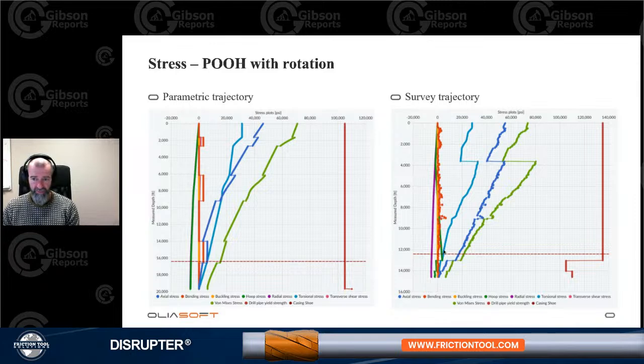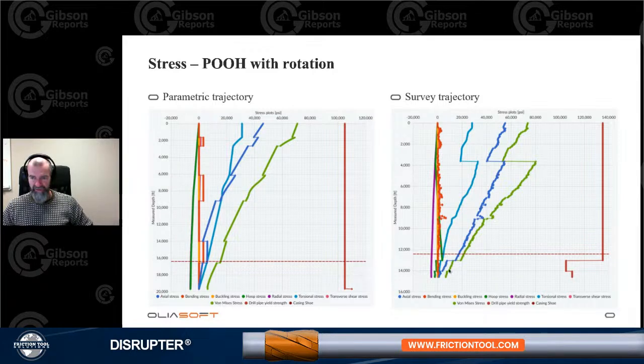But even with this surveyed well, where we had doglegs up to 8 degrees, which I think, if I remember correctly, is located here, the bending stresses are still a lot smaller compared to the axial stress, this blue line, and the torsional stress, the light blue line.